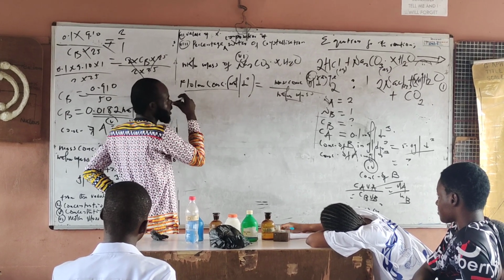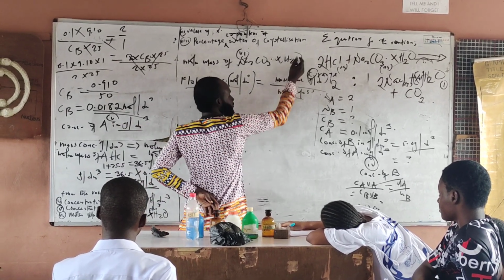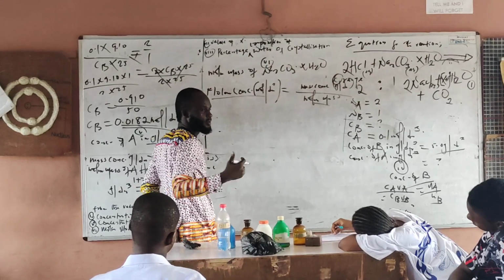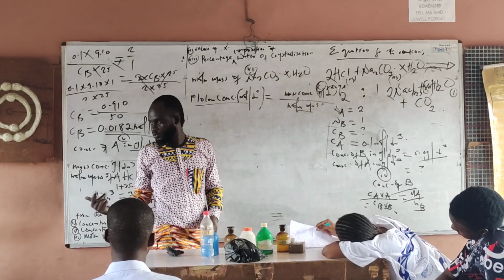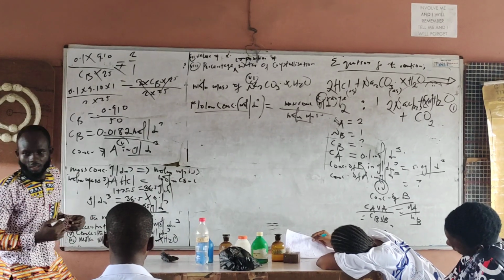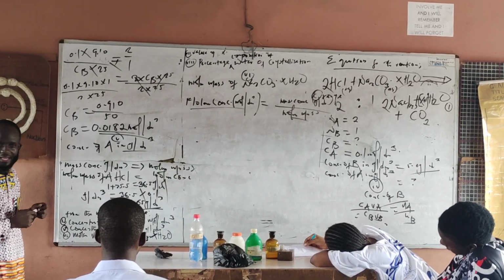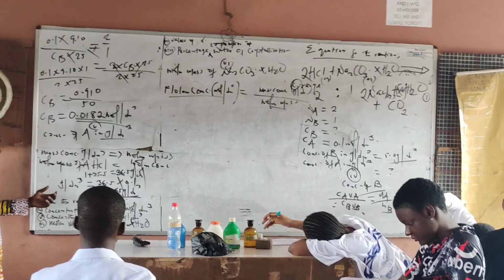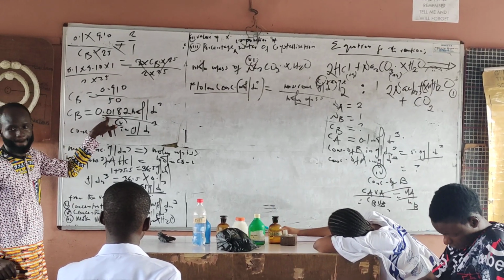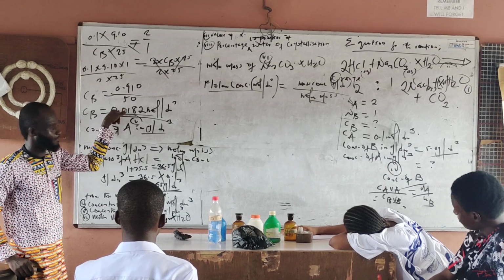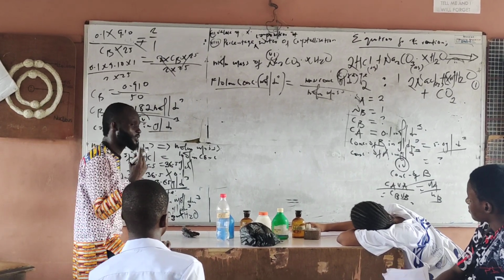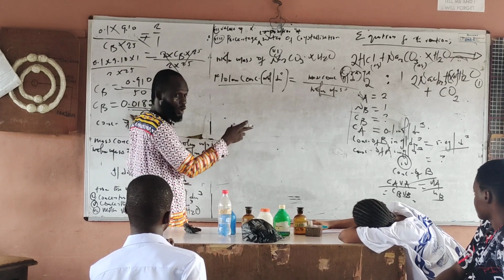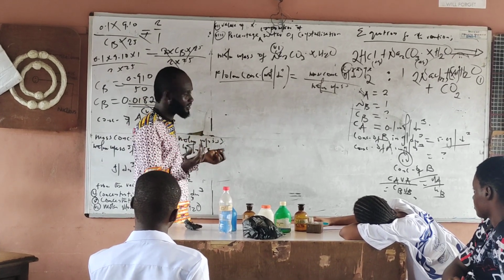What is our molar conc for the base? The molar conc is 0.0182. Don't forget, it is up there.